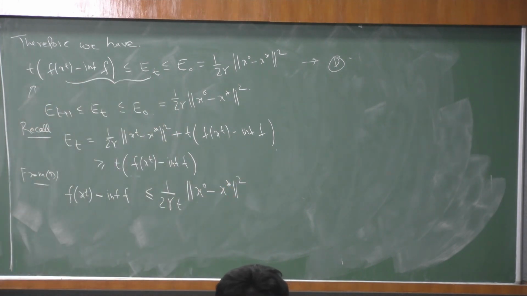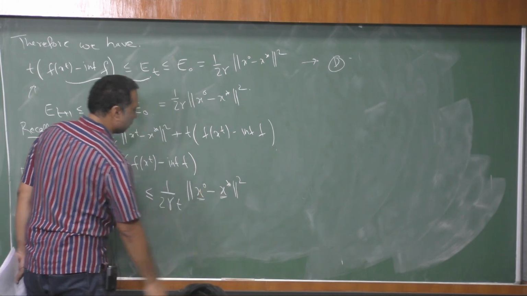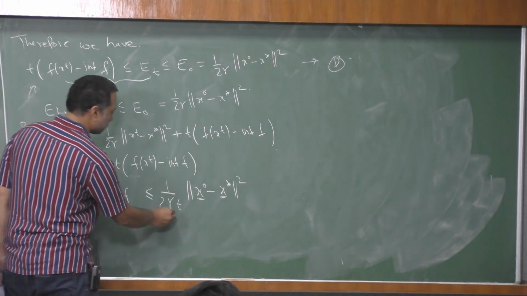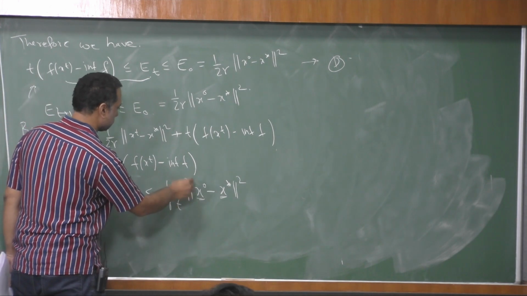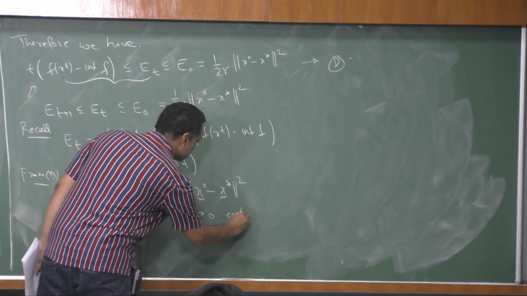So this is how we are proving a guarantee that as t tends to infinity, the other guys are constant. This is your initial solution that you started with, so that's fixed. This is an optimal point, so that must be some fixed number. Gamma is a constant, so this tends to 0 as t tends to infinity.